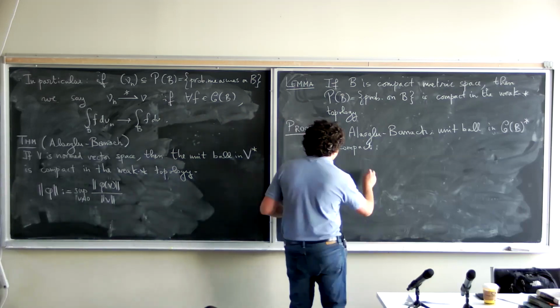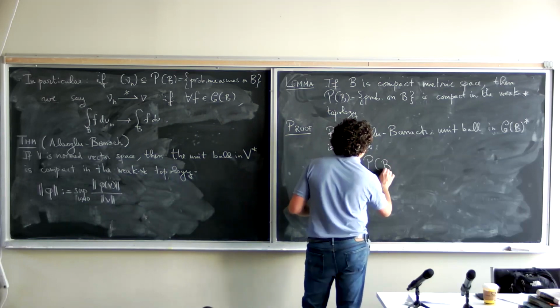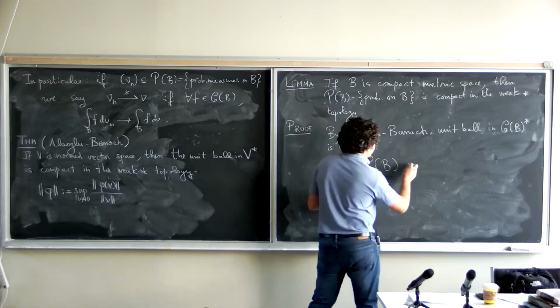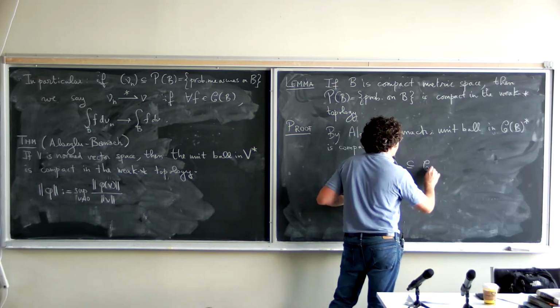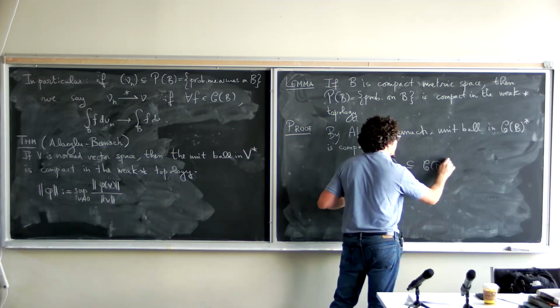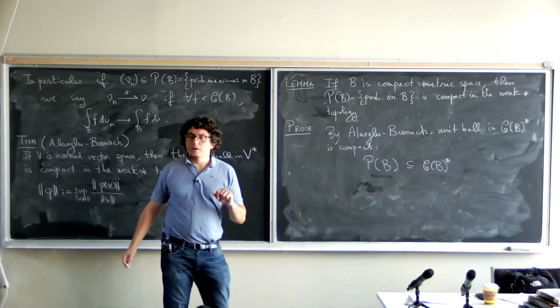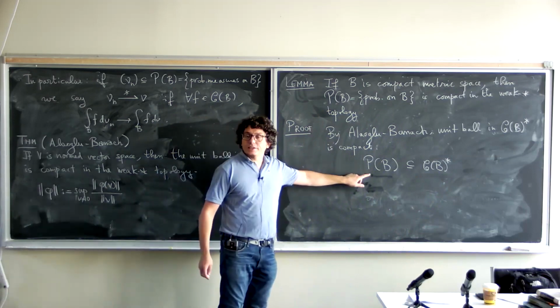That's right. So P of B is obviously a subset of C(B) star, and we just have to check that this is a closed subset.